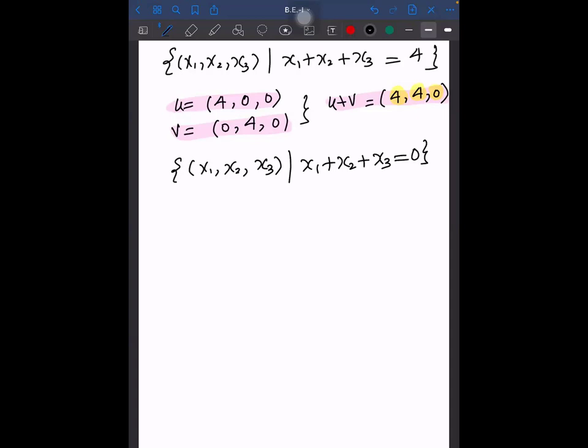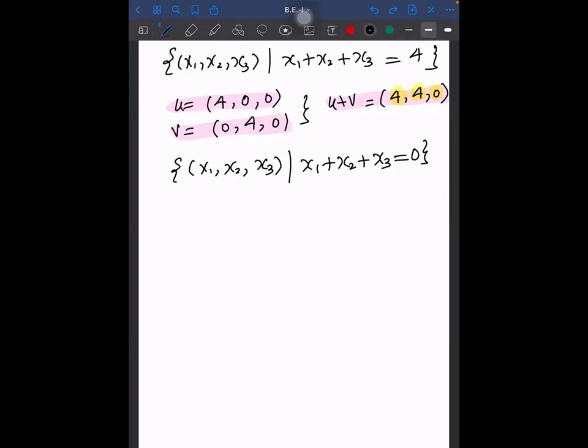So all I want to point out is that if you have something non-zero over here, it will never form a subspace: 4, 8, 12, whatever, because we'll choose such tuples and the addition will not belong to the set. But if it is 0 over there, in addition, not in multiplication, I'm talking, then the things will get satisfied.